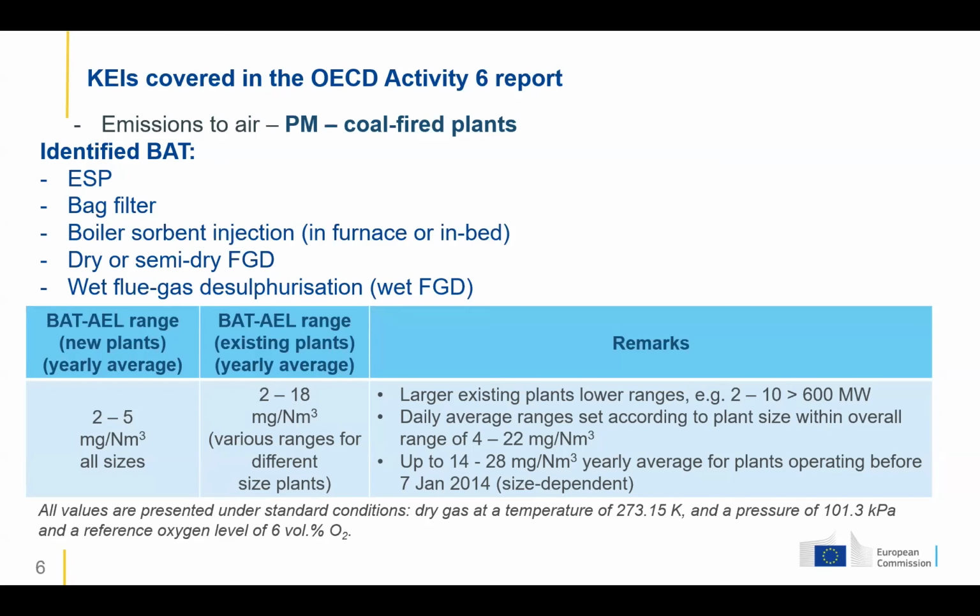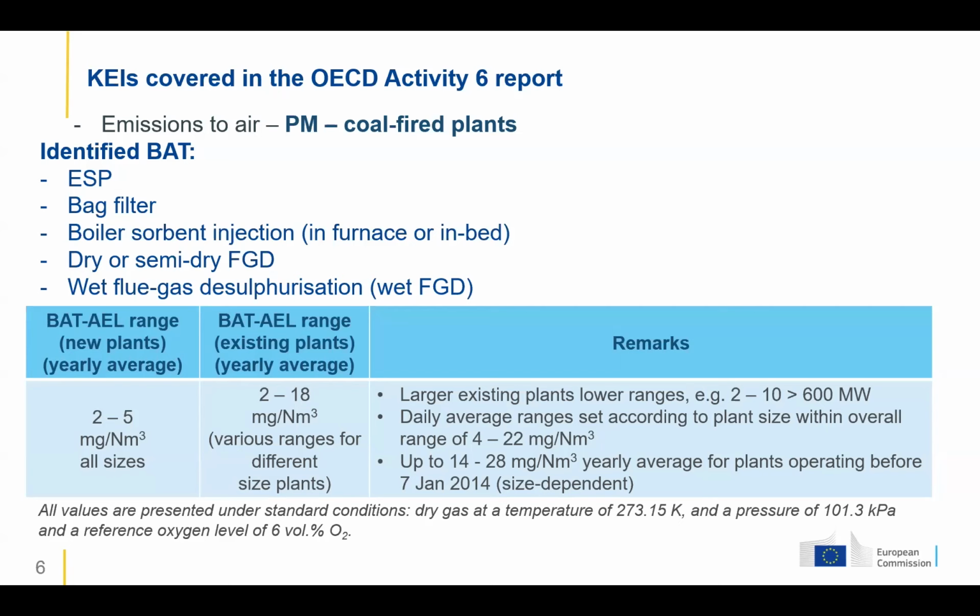Following the approach Sebastian also followed, I will present the main identified best available techniques that are associated with the emissions of these parameters, in this case the emissions of dust, and then a very brief presentation of the associated emission limit values or ranges for this pollutant.